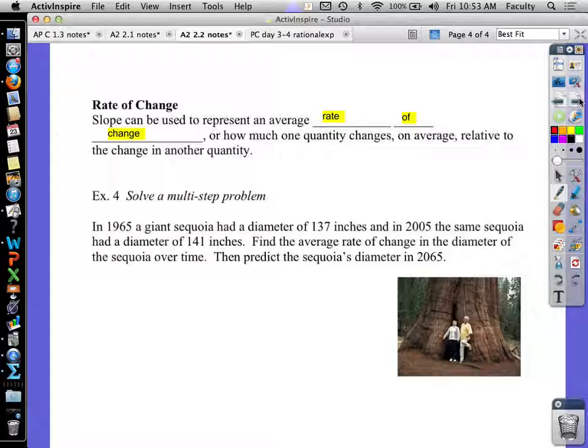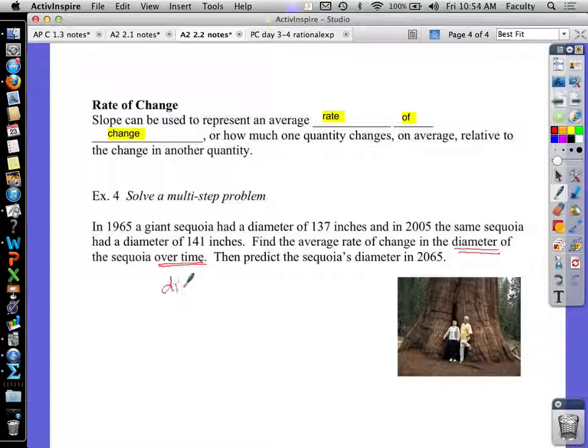In example 4, it says in 1965, a giant sequoia had a diameter of 137 inches. And in 2005, the same sequoia had a diameter of 141 inches. Find the average rate of change in the diameter over time.